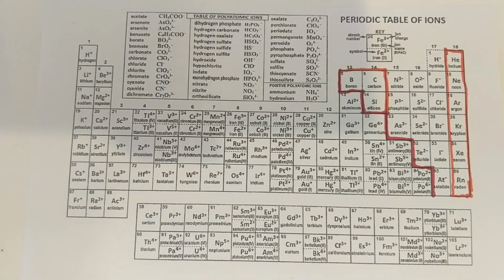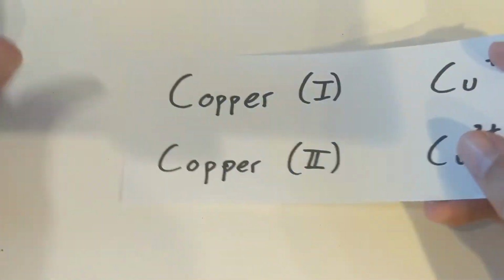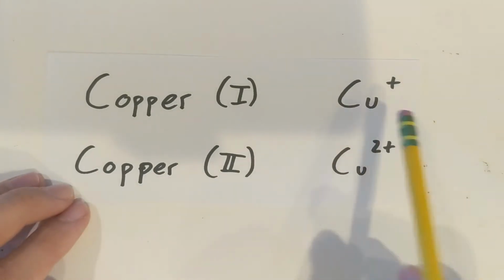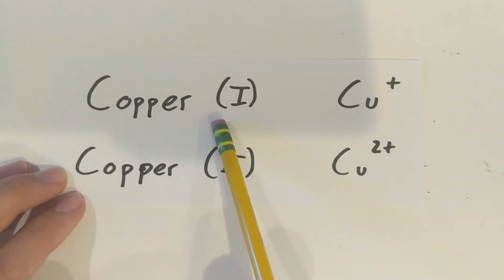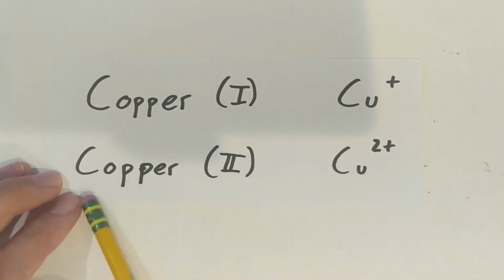The way that we write this out in chemistry to show us what ion it is, we use Roman numerals after the name. So for copper, if I'm talking about a copper that's going to form a +1 charge, I'll just write copper 1. Or copper that's going to form a +2 charge, copper 2.